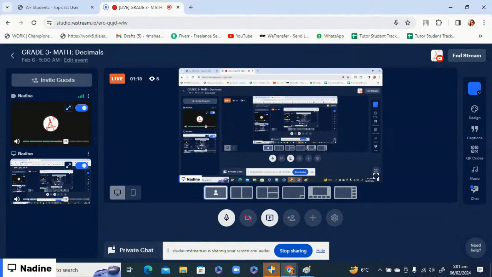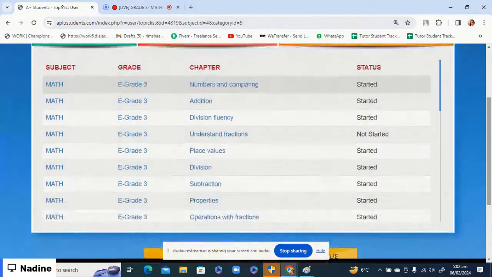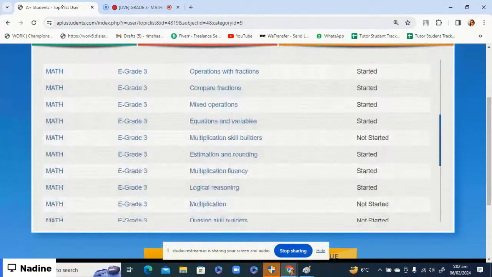So today here we will discuss grade 3 maths, and the chapter name is decimals.